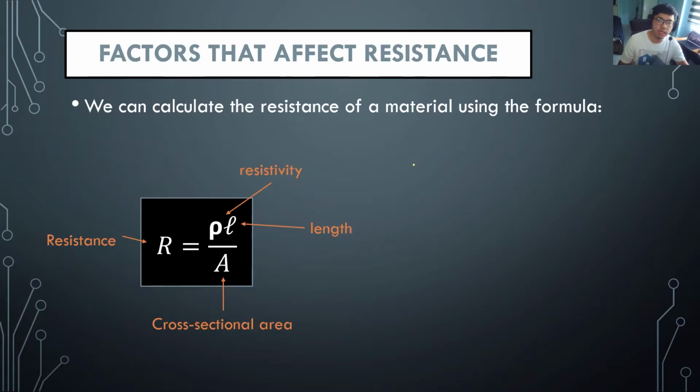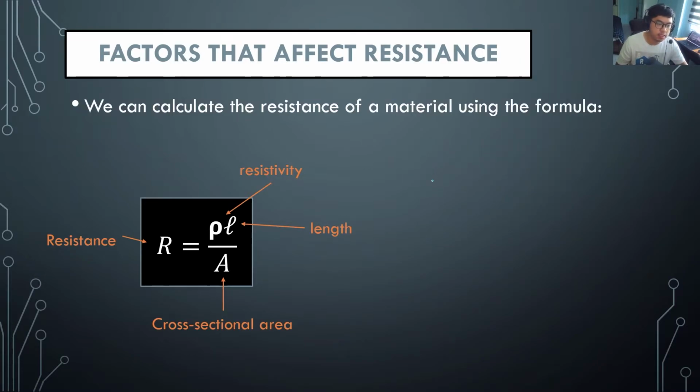So from this formula, you can also tell that the resistance is proportional to the resistivity. That means if you double the resistivity, you will double the resistance. If you triple the resistivity, the resistance would also triple. This is what we mean by directly proportional. And the opposite is also true. If you halve the resistivity, the resistance would be half as well.